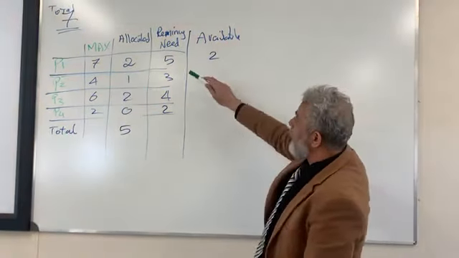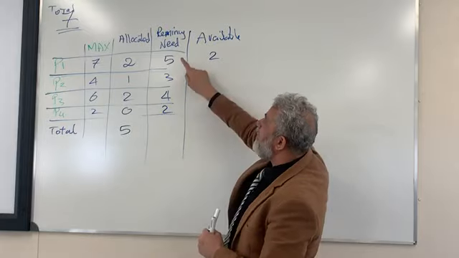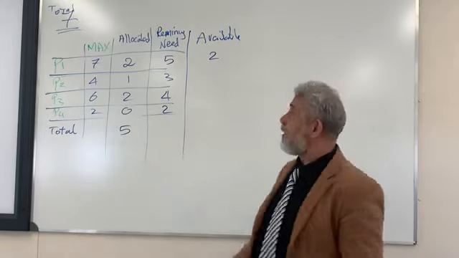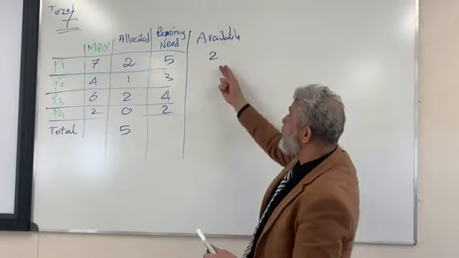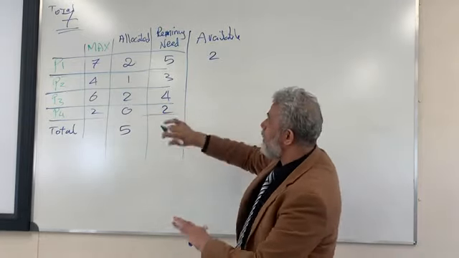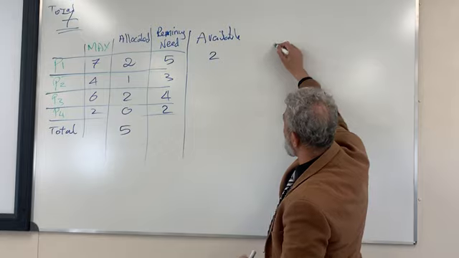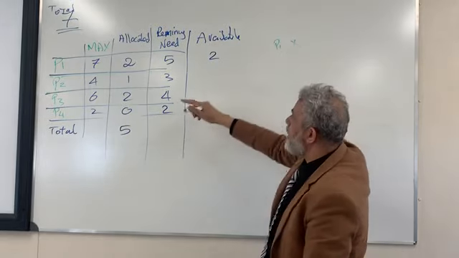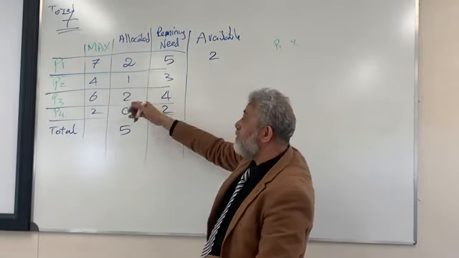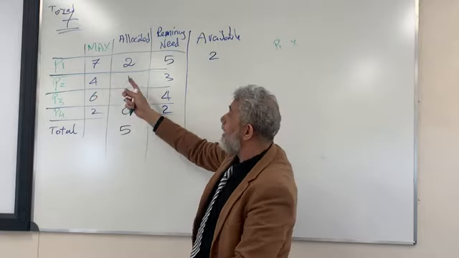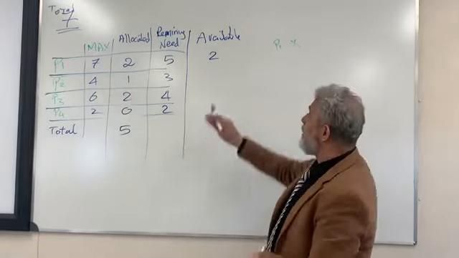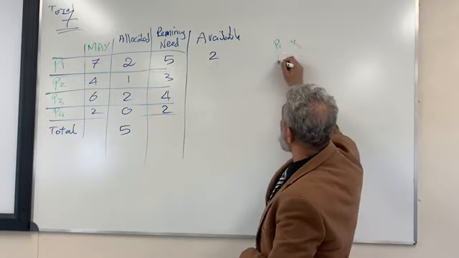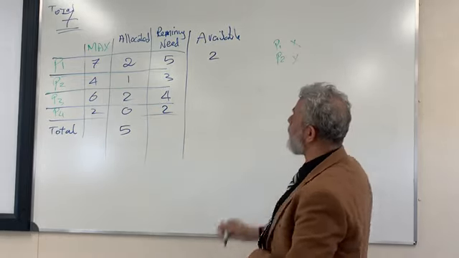So if this process comes and says, give me 5 now in order to finish, can we satisfy it? No. We only have 2 left. So process 1, no, we cannot satisfy it. So go to process 2. Can we satisfy process 2? It needs 4 altogether. It already had 1, so it needs 3. We can't satisfy it with 2. So process number 2 also will not work for us.